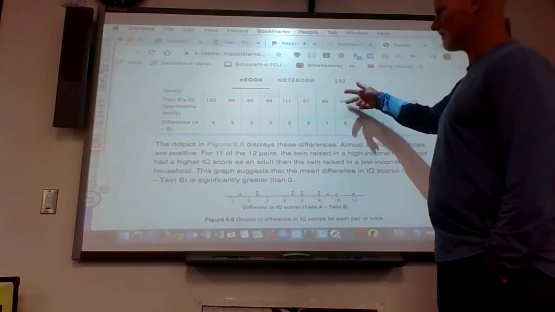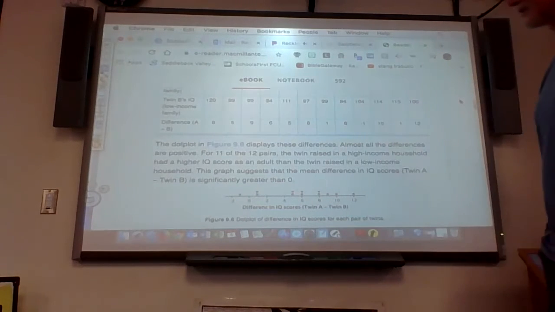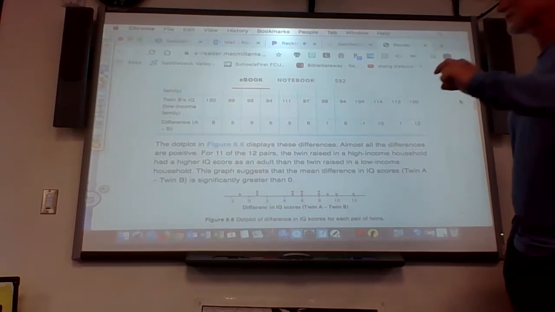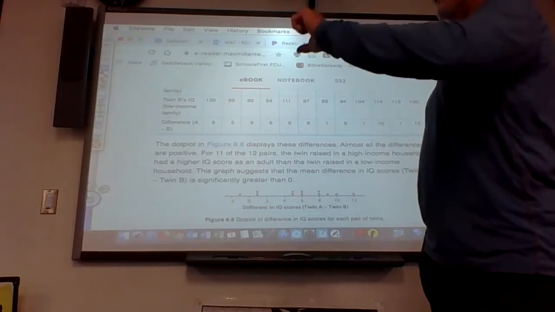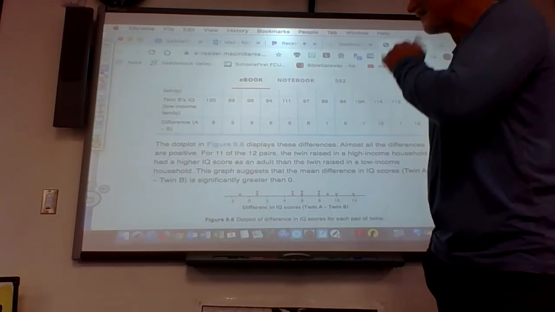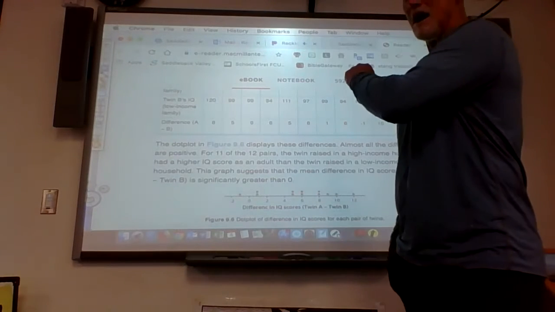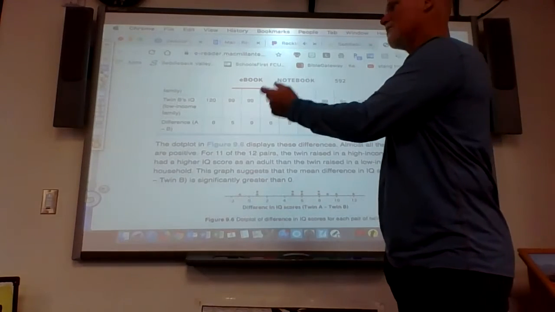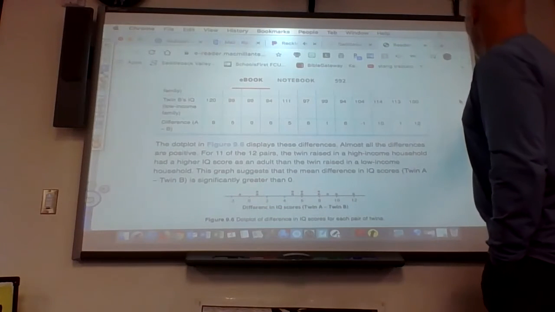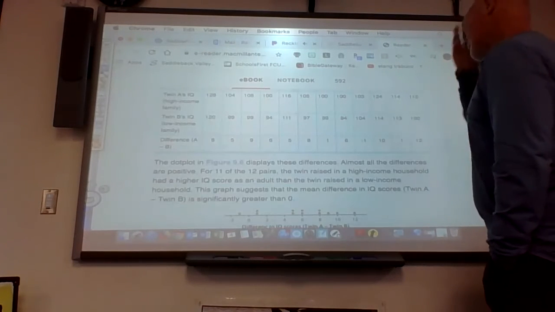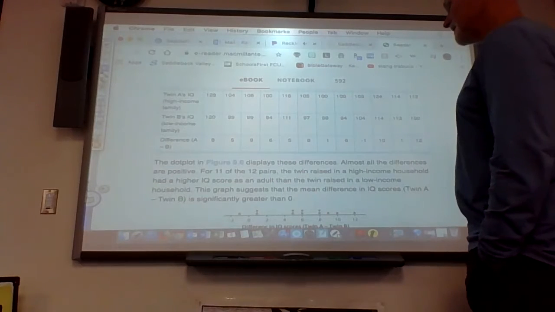The other ones were the graphs of the 2 bits of information. And this particular problem is not the same subjects, but they're very similar subjects. We have a set of twins, a twin A and twin B. Twin A went to a high income family, twin B went to a low income family. We wanted to see the effect on IQ and see if there was any impact.